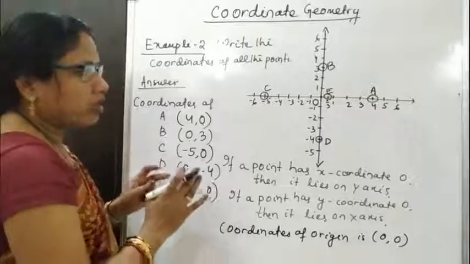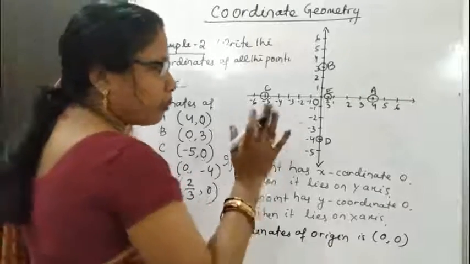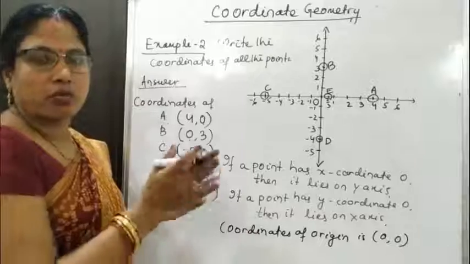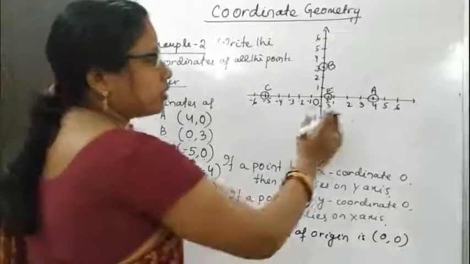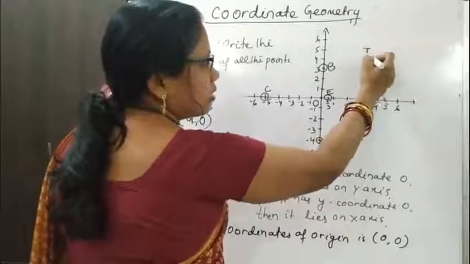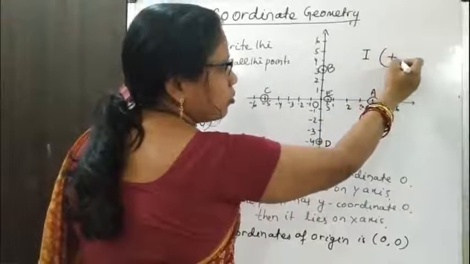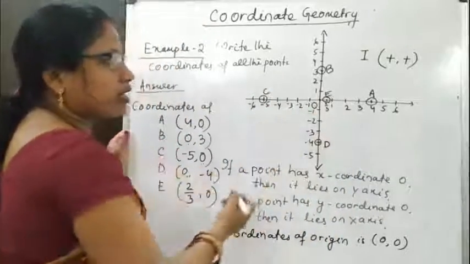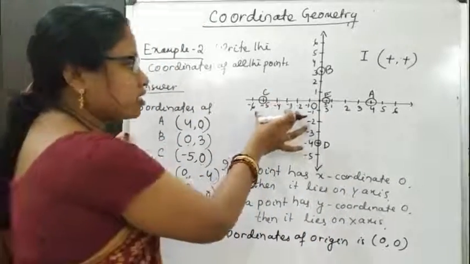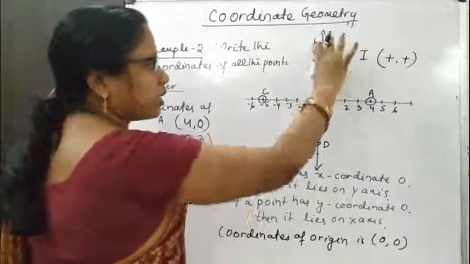Here observe one thing: the points which have both the x coordinate and y coordinate positive lie in the first quadrant. So in the first quadrant, both the coordinates will be positive. In the second quadrant, the point has x coordinate negative but y coordinate positive.